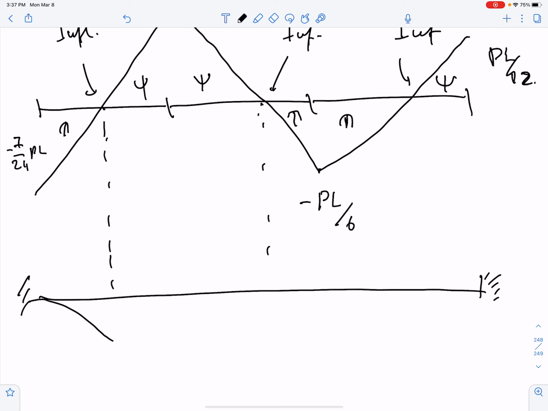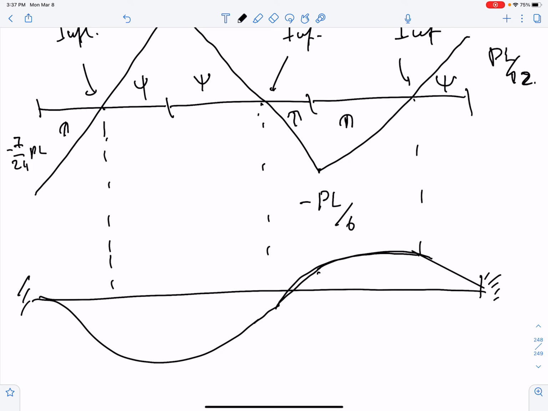All right, start out like this. You go here. Then at some point you need to pass through 0, which would be that node here. You change the curvature again, to concave, and then somewhere at this point you again become convex. Like this, you come in. So that becomes your deflected shape.